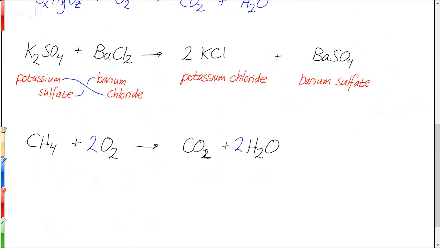So the point of doing these types of reactions is sometimes you can use them to actually predict products. I wouldn't worry too much about this. The next exam, the equation stuff, is mostly focused on writing the equations, balancing them, and the mole calculations. The predicting reactions thing is tough, and I might put a question or something on the exam, but it won't be a big part of it.